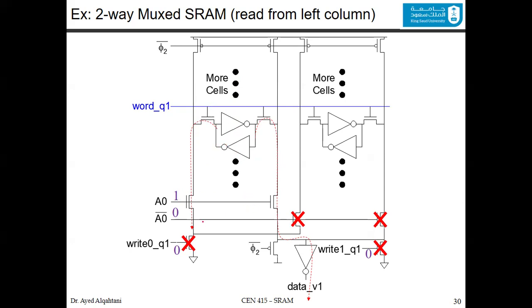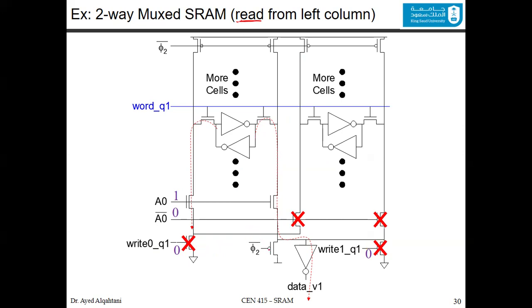Also, to make sure that you are choosing the left column and not the right column, you make the value of A0 here equal to 1, and the A0 bar definitely will be 0. So this will be off and this will be off. Since we are interested in the read operation, both the right 0 and right 1 transistors will be 0, so they will be off.